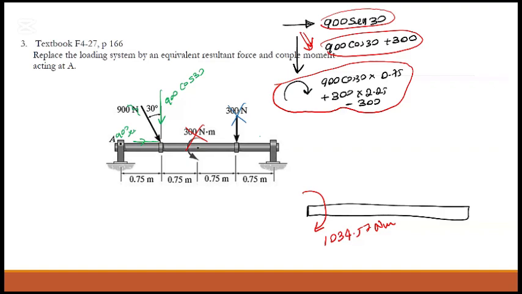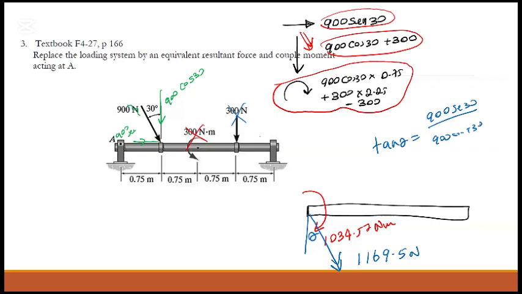Okay, 900 sine 30. So the force I got is 1169.5. Is that right? Yes. Okay. And you can find the angle theta. Theta is the opposite, which is 900 sine 30, divided by 100 plus 30 plus 300.